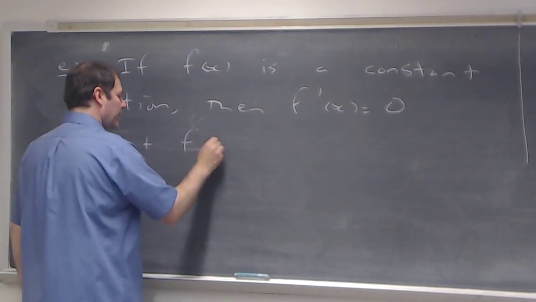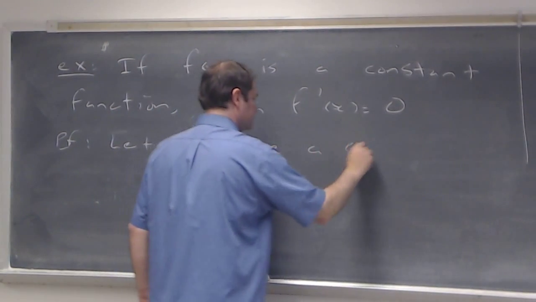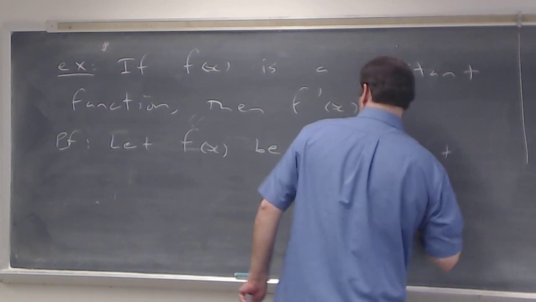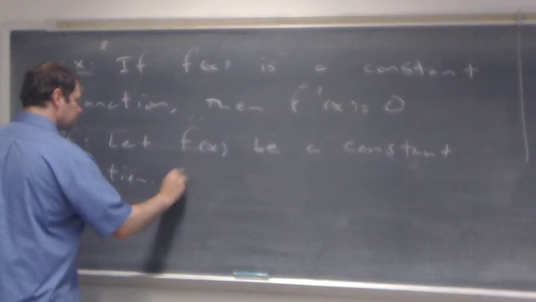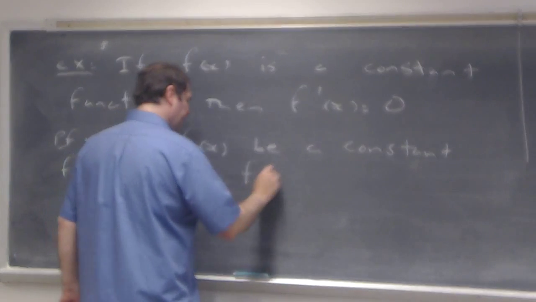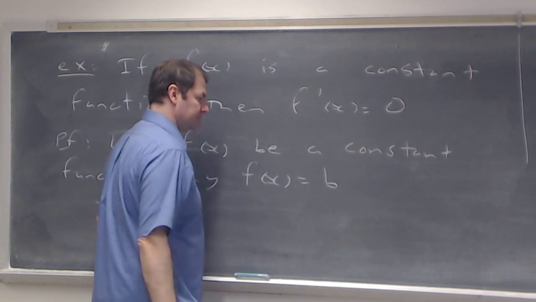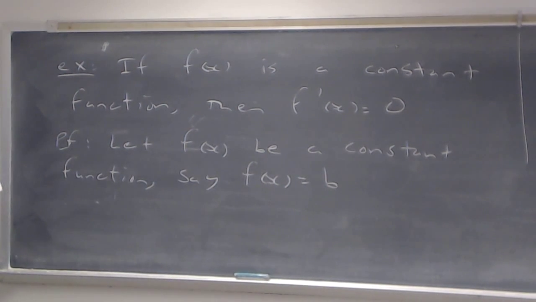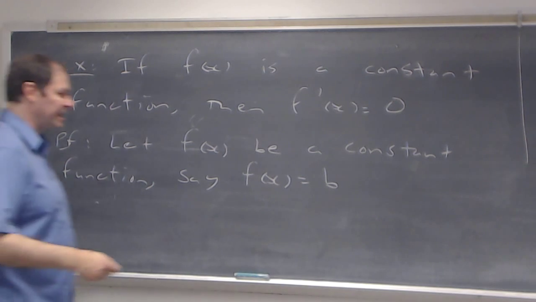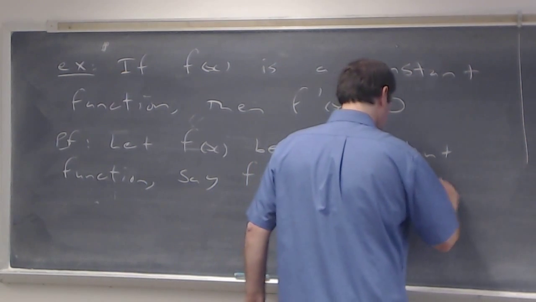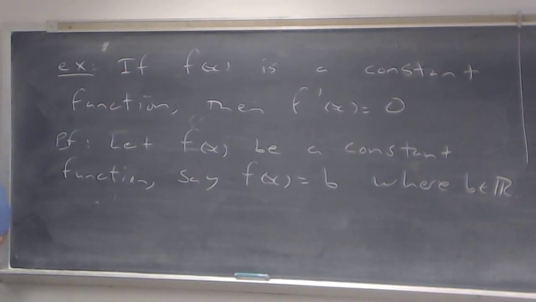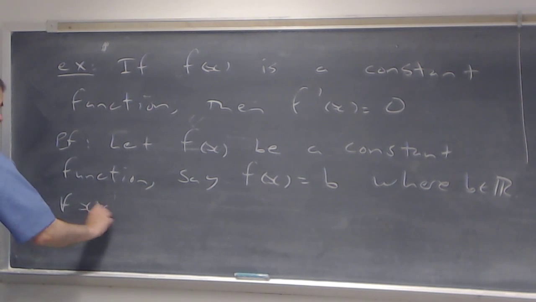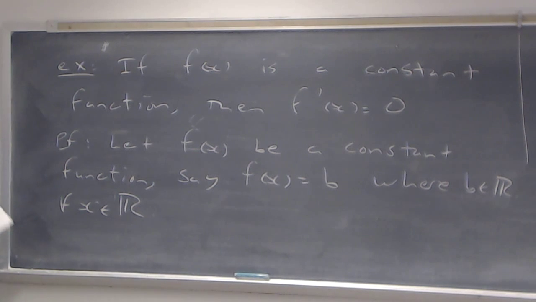Let f of x be a constant. Say f of x is equal to b in this domain, where b is a fixed element of R. And let's say the domain is all of R.